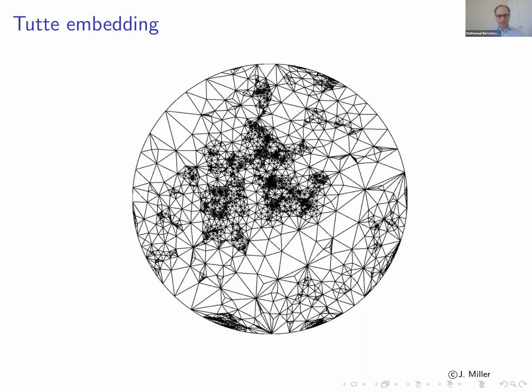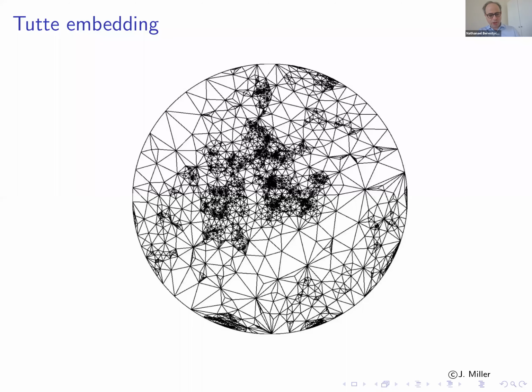It's not very complicated to do that. If you've got a graph with a boundary, then you can start by fixing the position of the boundary vertices anywhere you like, let's say on the unit circle, for instance. And then you solve the Dirichlet problem on your graph with this boundary data.